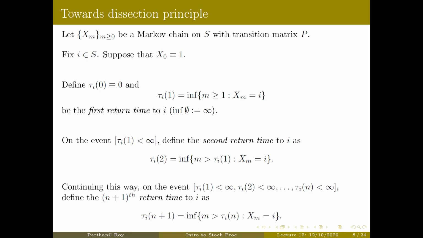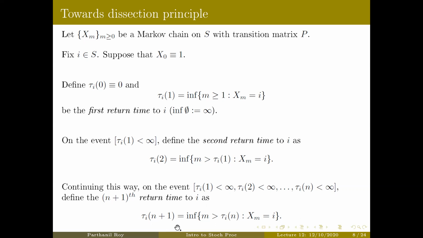And we can go on. We can continue this way. On the event that the first return time is finite, the second return time is finite, all the way up to the nth return time is finite, on this event we define the n plus 1th return time to I as the first time strictly after the nth return time that the Markov chain becomes I again.